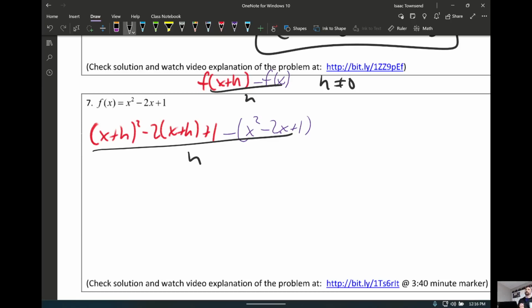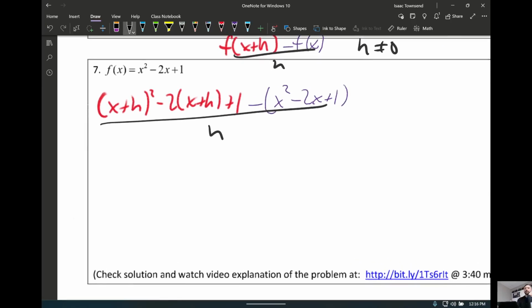Think about what type of algebra you need to simplify that, whether it's fixing a complex fraction, whether it's multiplying by conjugates. For this one, I think if you start off with a polynomial like this, it's probably the type you're going to feel most comfortable with. We could FOIL this.